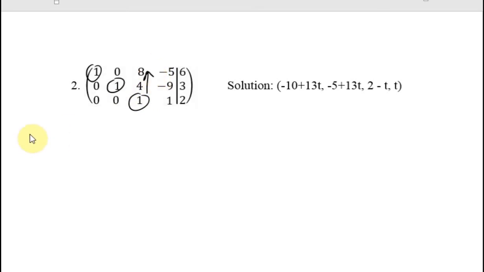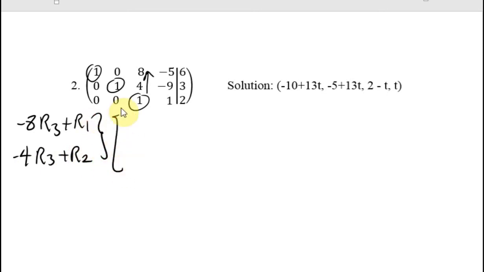To do that, we would say -8 times row 3 plus row 1, and then -4 times row 3 plus row 2. All right. So row 1 and row 2 are changing, so let's just rewrite row 3.